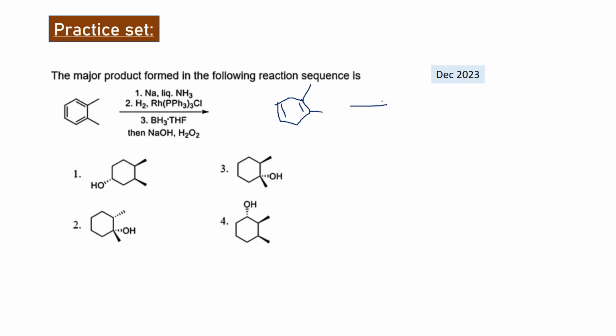After that, in the next step, if we add the Wilkinson catalyst, hydrogenation will take place, specifically hydrogenation of this electron rich double bond. Now if you add BH3, then H2O2/NaOH, OH will be added to this double bond.